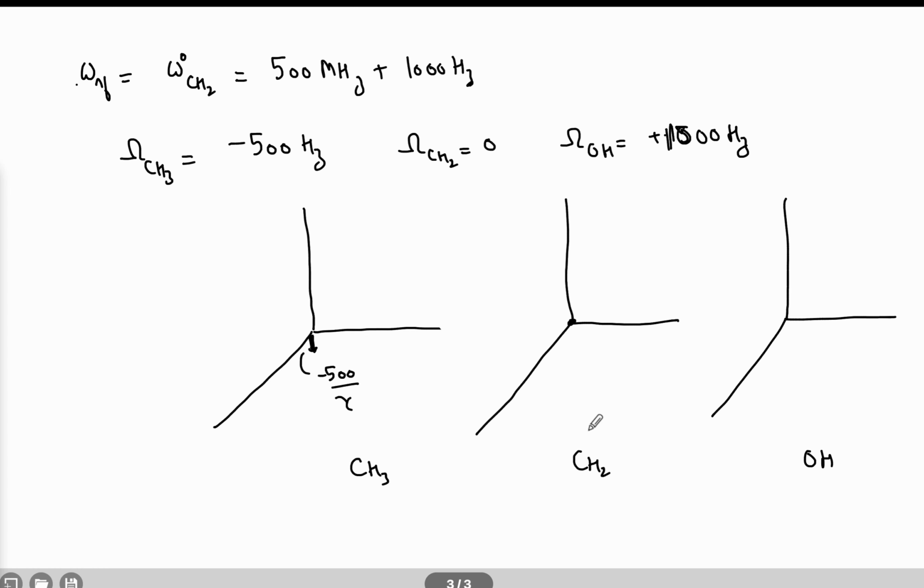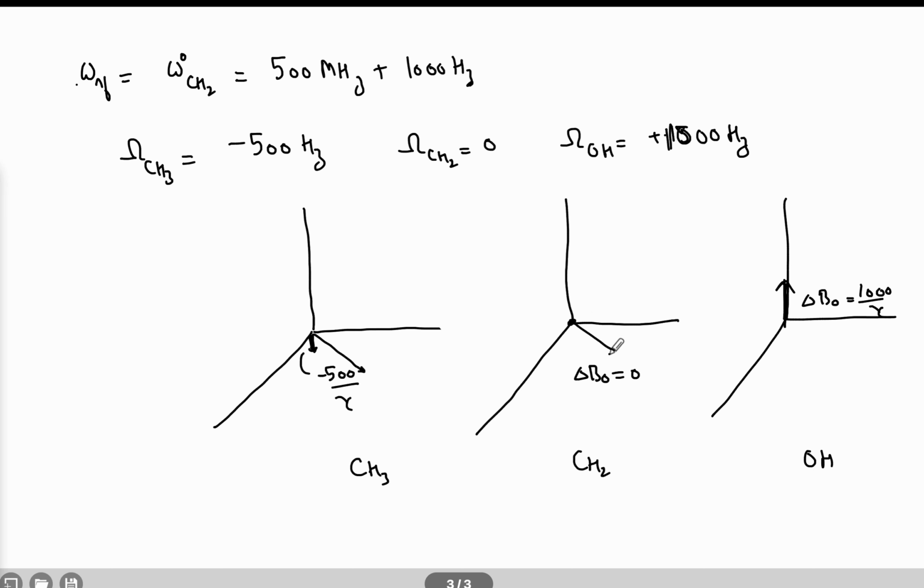Delta B naught is 0 here because there is no offset, and here the delta B naught will be on the positive side, 1000 by gamma, right?